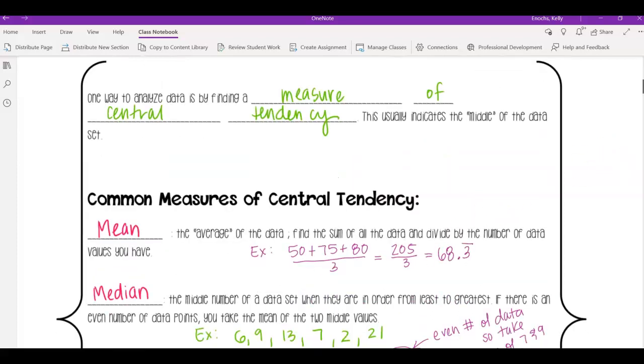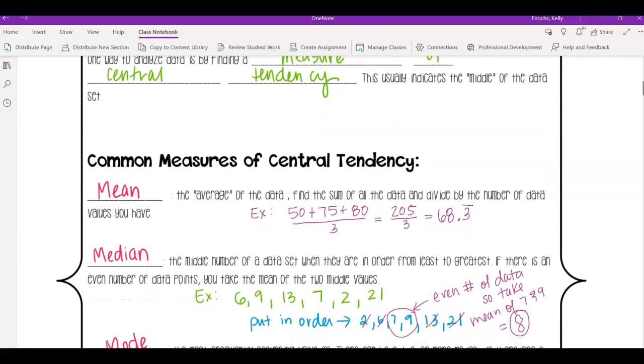The next middle that you can find is the median. And the median is going to be the middle number if you put them in order from least to greatest. Sometimes the median is more helpful if you have that weird set of data, and I'll talk again about what makes a weird set of data in a second. But the median can also be helpful in addition to the mean.